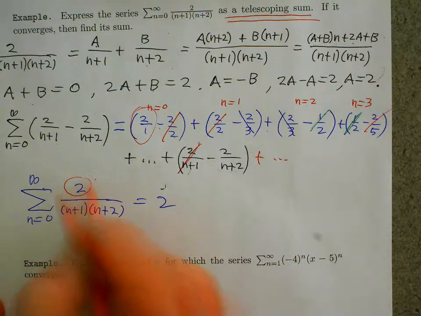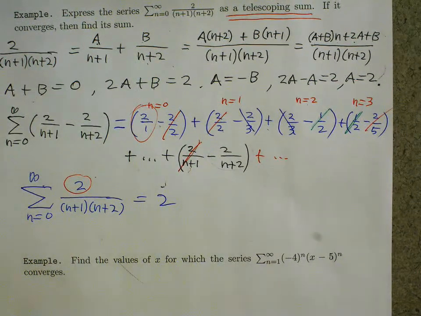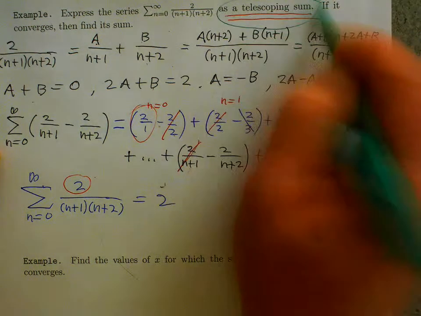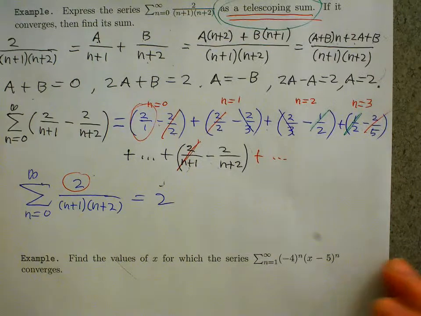So it's just a coincidence that this numerator is 2, so don't count on that being the limit, or the sum, I should say. Yeah, so that's called a telescoping sum. So make sure that you know about those. So geometric series and series involving telescoping sums, that's another kind.